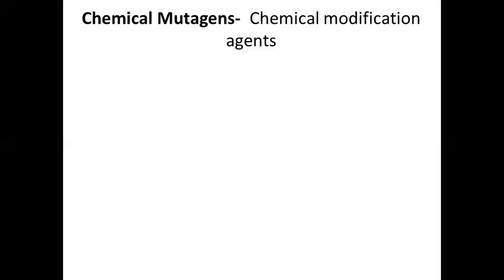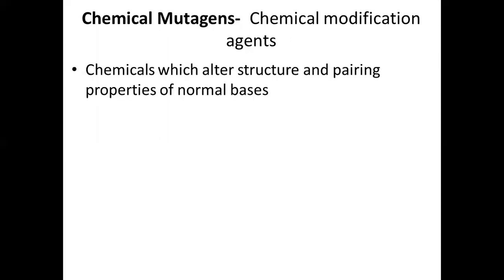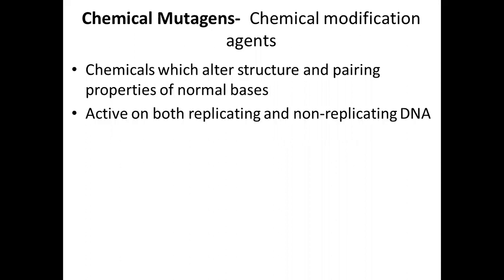Let's look at the chemical modification agents. These are chemicals which alter the structure and the pairing properties of the normal bases. They are active on both replicating and non-replicating DNA.